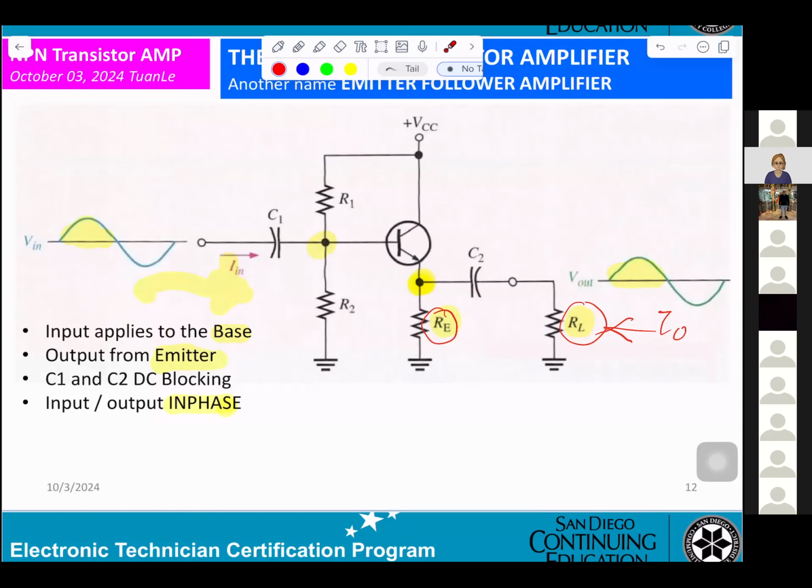C1, C2, DC blocking, AC coupling. Input and output will be in phase. Input goes up, output goes up; input going down, output going down. Okay, so very simple.